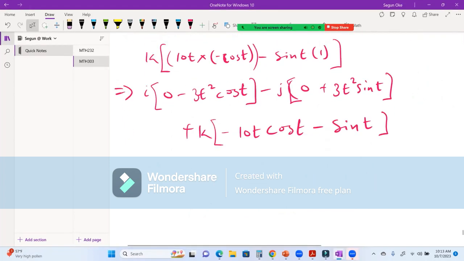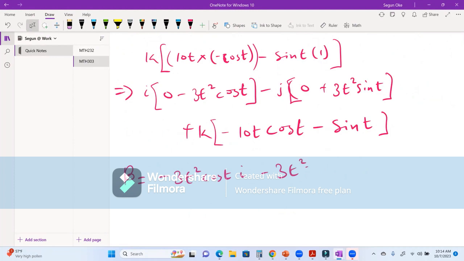So let's look at our beta, which equals negative 3t squared cos t i, minus 3t squared sine t j, plus negative 10t cos t minus sine t k. So this is what we have.